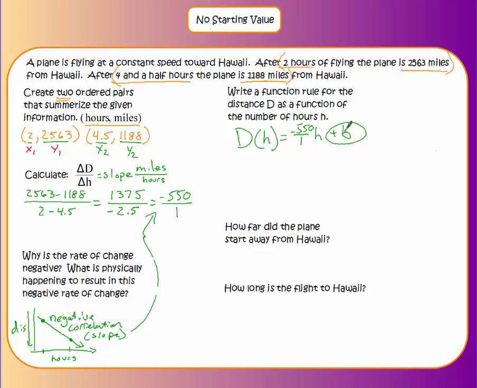Okay, I have no idea how many miles long the whole trip was. So I need to try and figure this out somehow. And the way I'm going to do that is I'm going to plug in numbers that I do know. In other words, let's use one of these points that I already knew. So when I was at a distance of 2,563 miles, I'm sorry, I had flown for 2 hours.